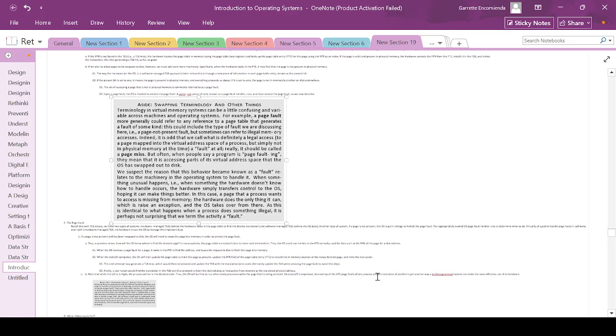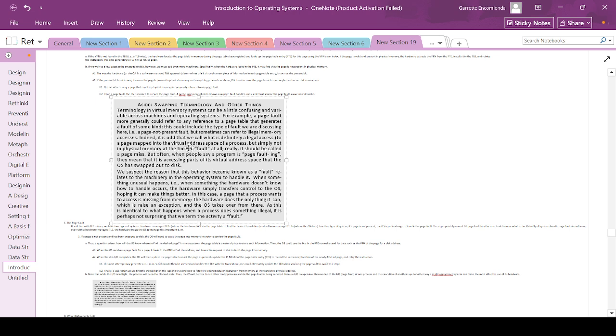Aside, swapping terminology and other terminology in virtual memory systems can be a little confusing and variable across machines and operating systems. For example, a page fault more generally could refer to any reference to a page table that generates a fault of some kind. This could include the type of fault we are discussing here, like a page not present fault, but sometimes can refer to illegal memory accesses.